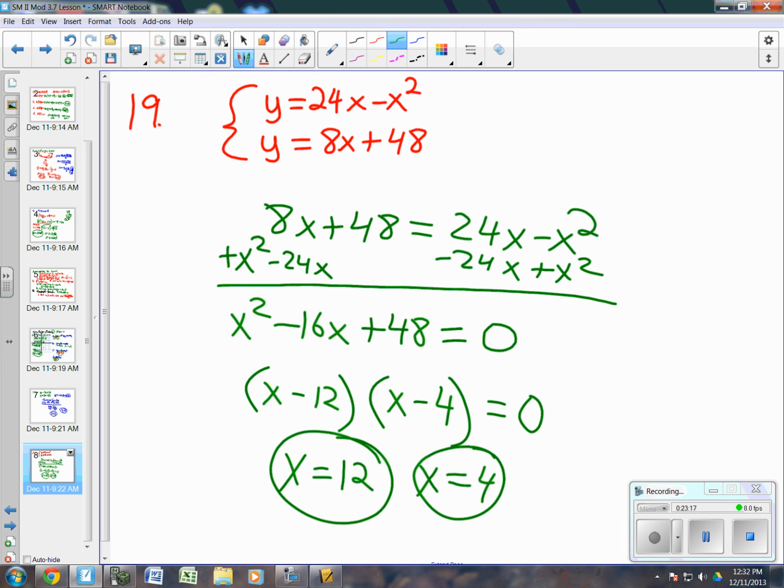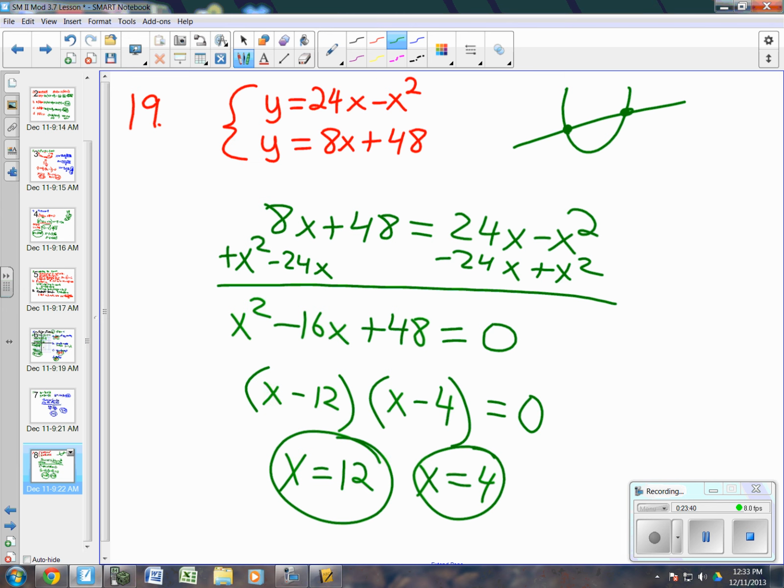Whenever you solve a quadratic equation, you're looking for the x-intercepts, and so it's got two values. But there's two equations right here. What it is, you guys, is we have a line and a parabola, and the line crosses the parabola twice, so there's going to be two solutions.